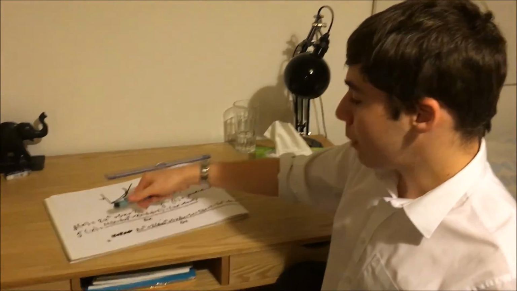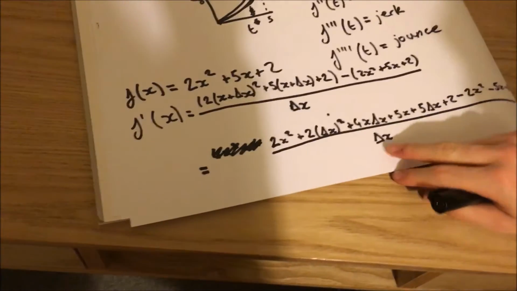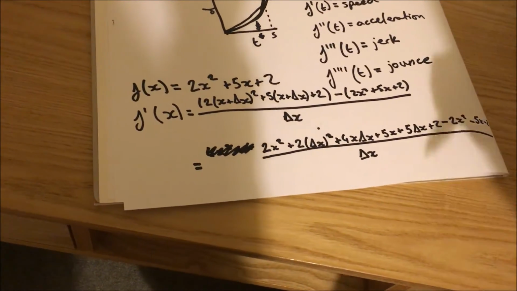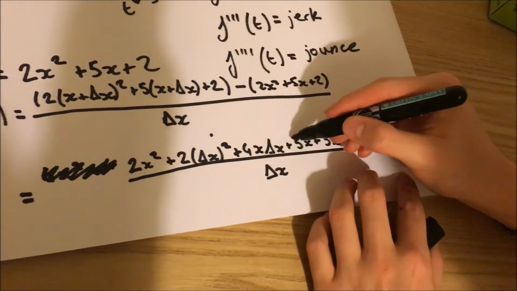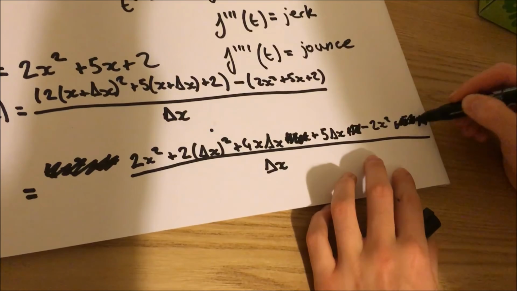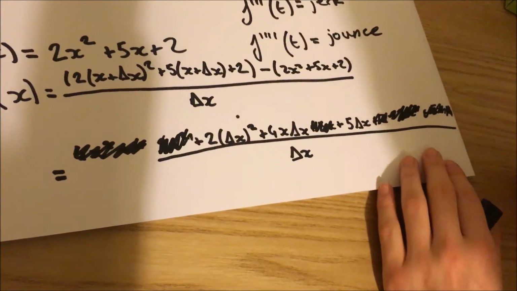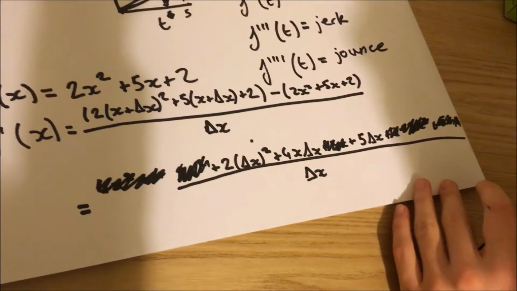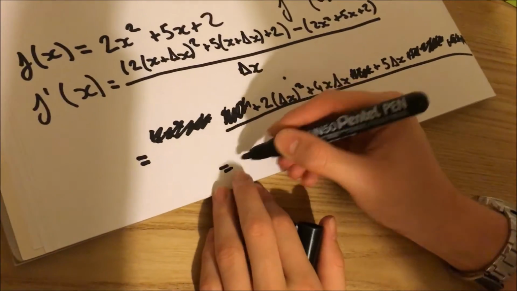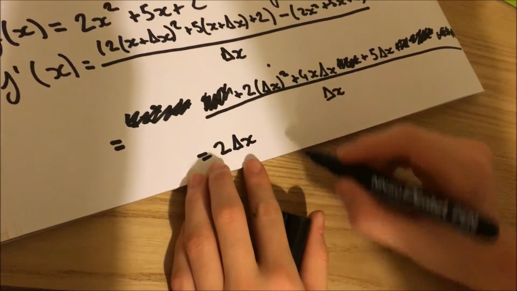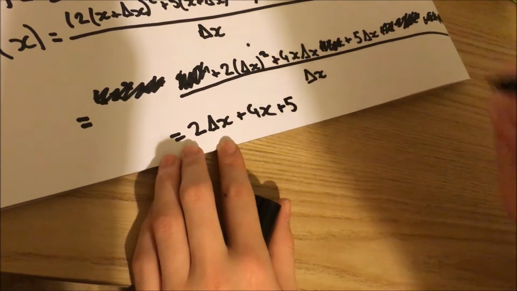Okay, so I've expanded all of these now. This still looks really long and ugly, but don't worry, we're going to cancel out some of the expressions now. So this plus 2 here cancels out with this minus 2 here. This plus 5x cancels out with this minus 5x. This 2x squared cancels out with this minus 2x squared. And that's what we're left with. Now if we divide the remaining terms by delta x, we're left with 2 delta x plus 4x plus 5.